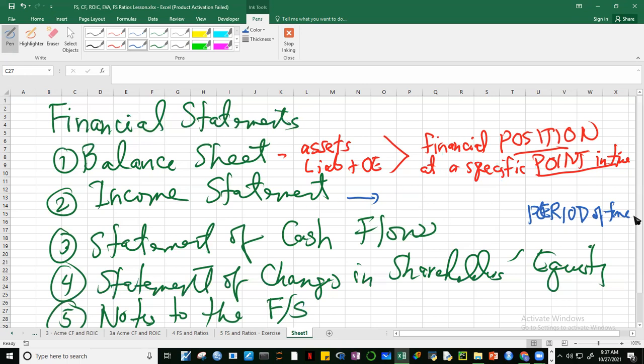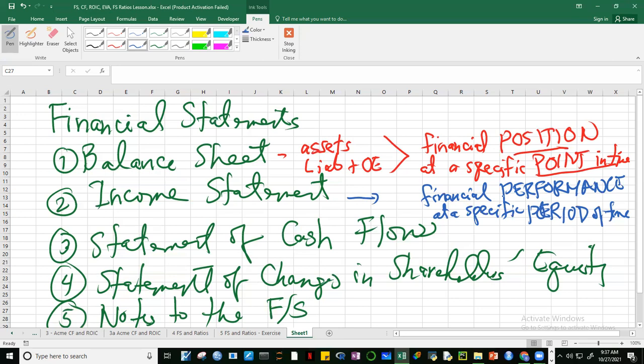Well, the income statement tells us of the financial performance, which was also mentioned by Beyonce, at a specific period of time.